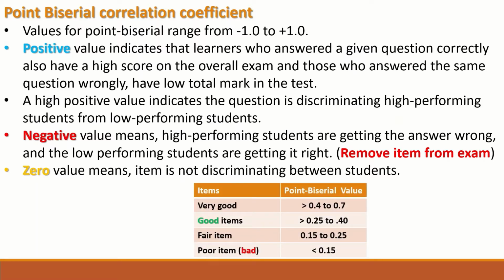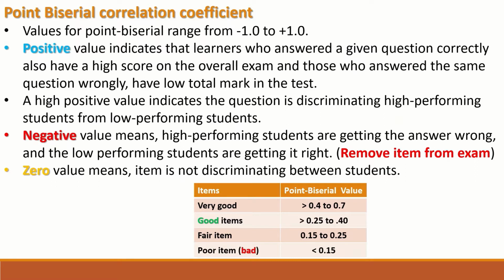In this small table, any value of point-biserial that is greater than 0.4 indicates that the question is very good, and a value of 0.25 to 0.4 suggests a good item. A fair item has a point-biserial value of 0.15 to 0.25.